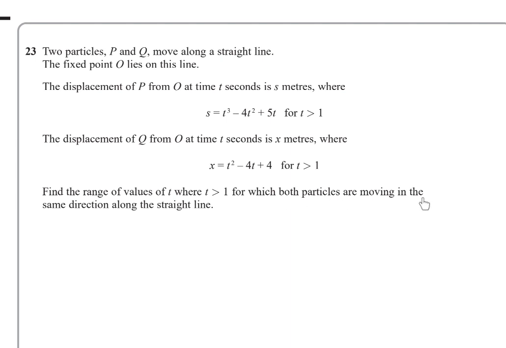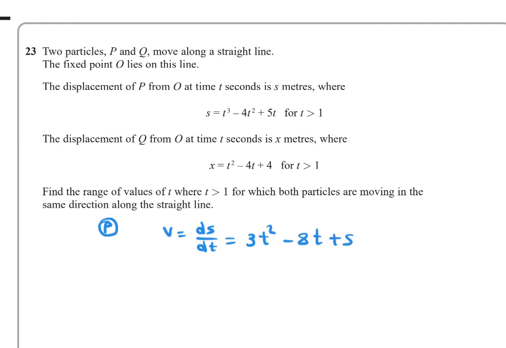Both particles are moving in the same direction when their velocities are positive together or negative together. So we can find the expression for velocity for the first particle, particle P. The velocity, ds over dt, equals 3t squared minus 8t plus 5.